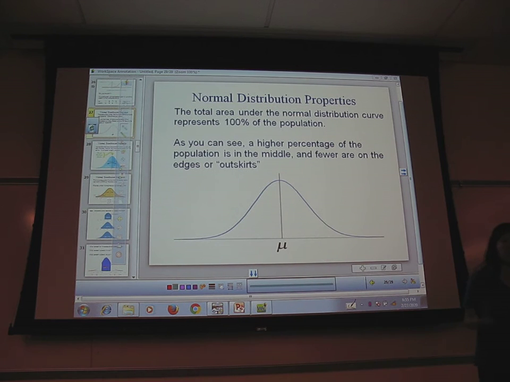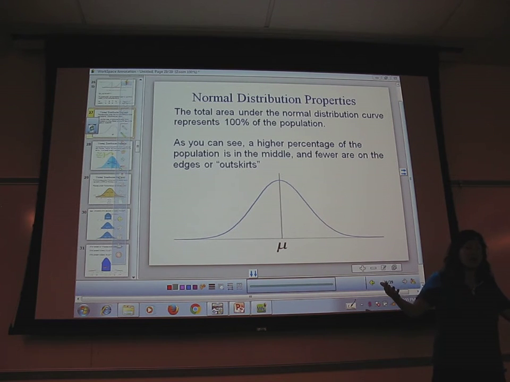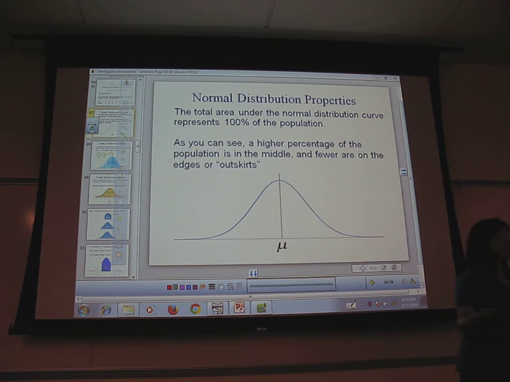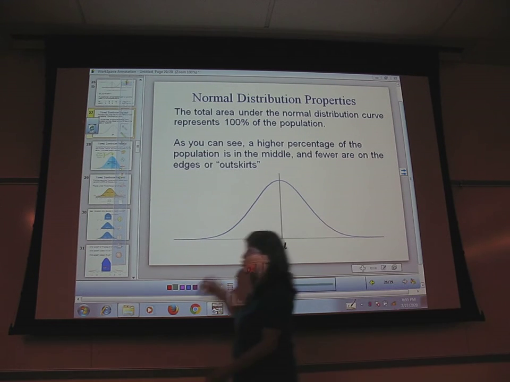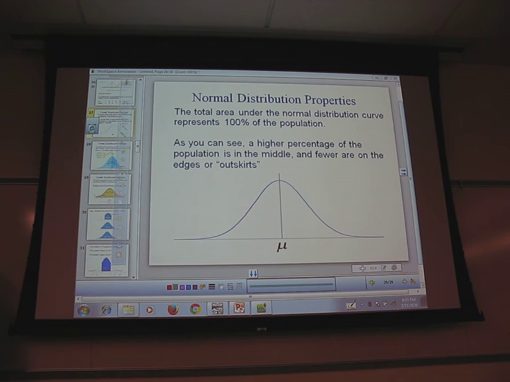We have arbitrarily assigned 100% to be inside of here because this represents the whole population. How much do we have in the whole population? 100%. It's a probability distribution, so if you add up the whole population, you should have 100% of it. So this area under the curve represents 100% of the population, or 1, right?